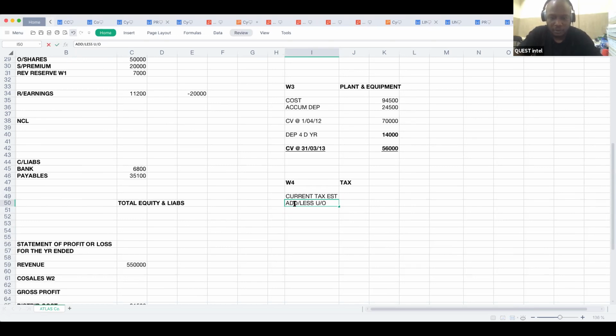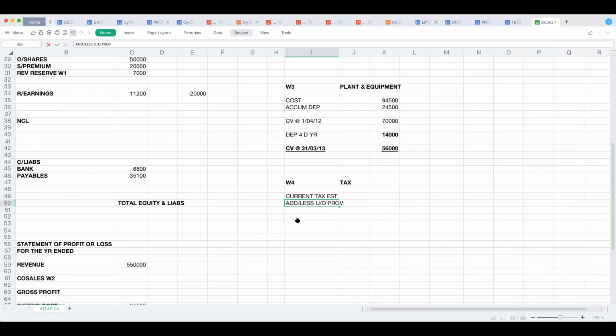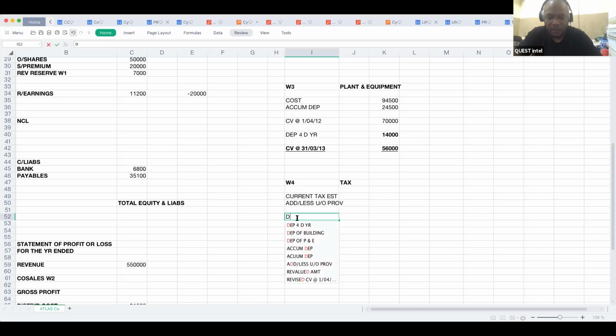Then we have our deferred tax, the one that goes to profit or loss. And then with that, we have our tax expense, the answer that goes to profit or loss.